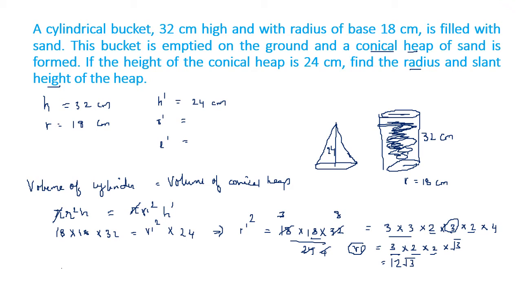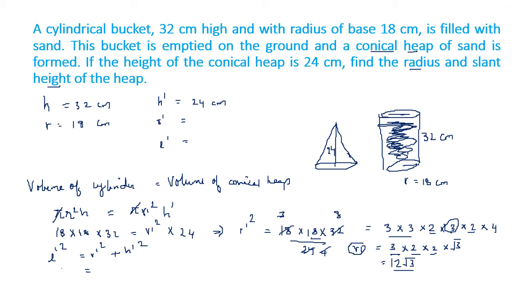Okay, and the slant height we have to find out. L prime square equal to r prime square plus h prime square. So what is r prime square? We got 12 root 3 the whole square. So 144 into 3. How much is that?